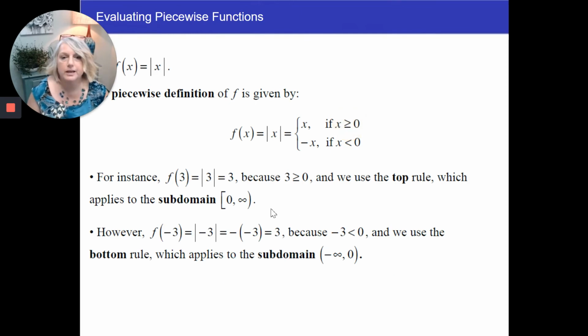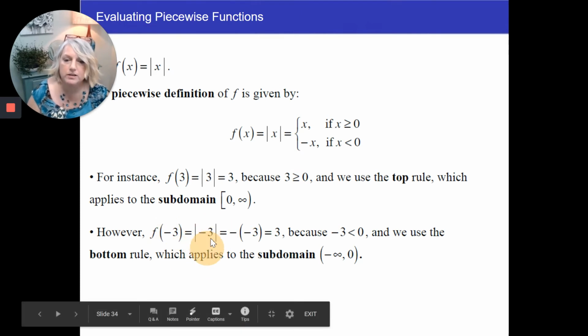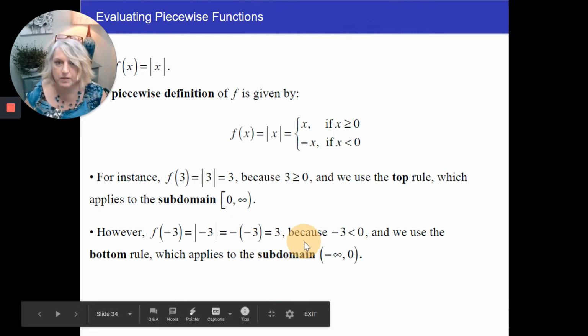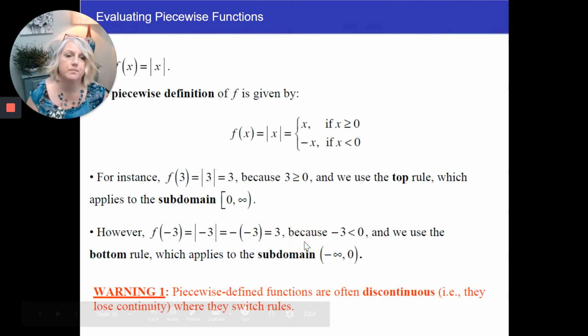Evaluating it, if I wanted to find f of 3, I plug in 3, take the absolute value, and I get 3. You're really just using the top rule, because the top rule says if you're already positive, then return the number. But if you are negative, return the opposite of the number. So if your input is negative, the absolute value returns the opposite of the number, which is also known as making it positive, but that's why it's a piecewise definition.